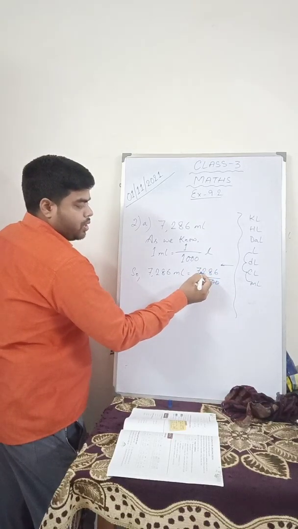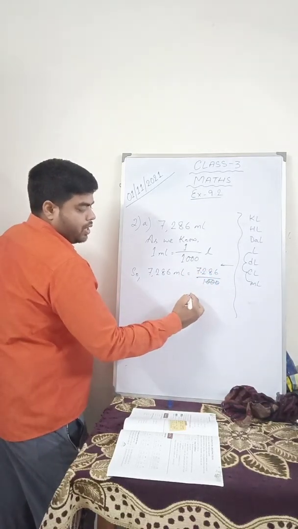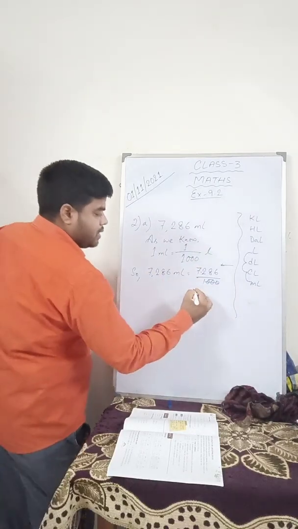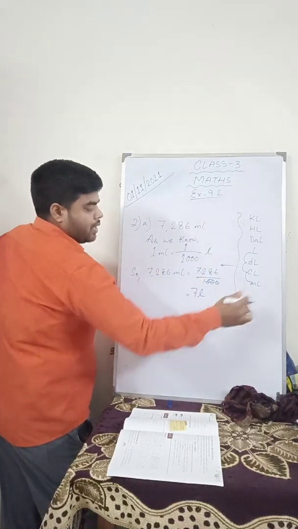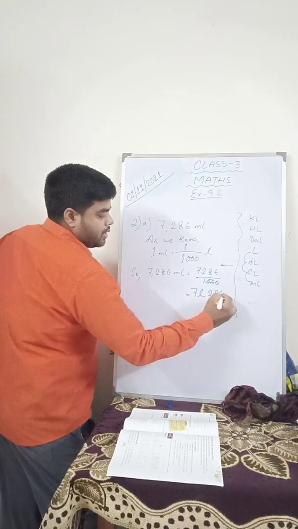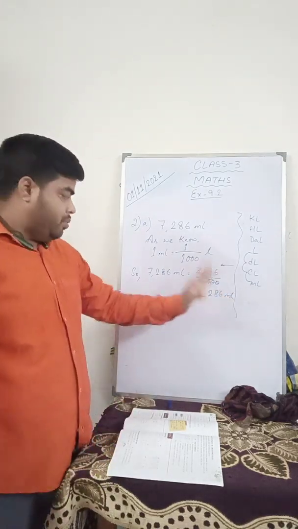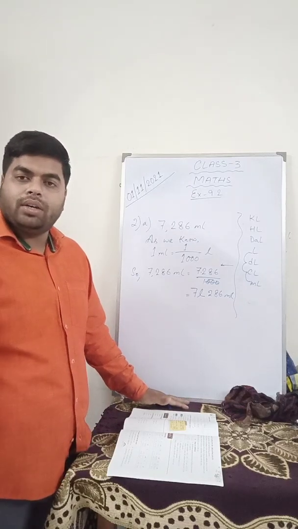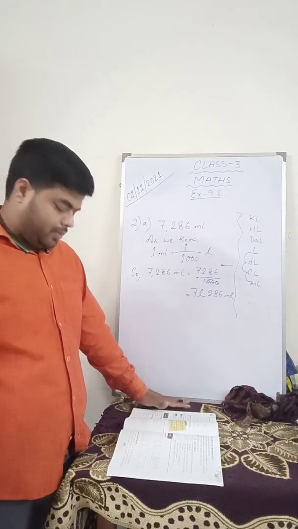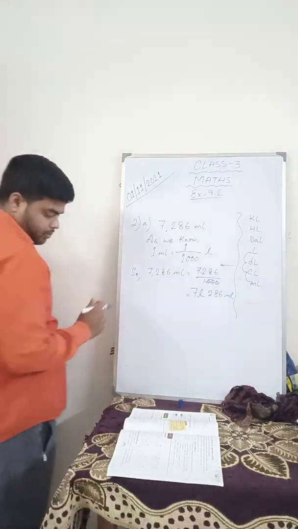So 1, 2 and 3, and put a decimal here. So whatever you have before the decimal is your liter, and after the decimal is your milliliter. That means after the decimal is the smaller unit and before the decimal is the greater unit. I hope all of you have understood. Let me show you one more.